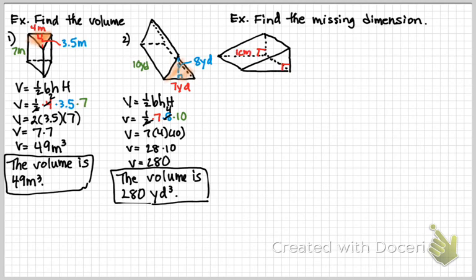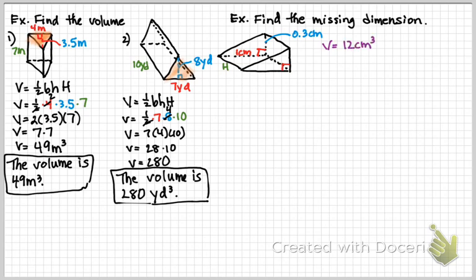My height of my triangle is going to be 3/10 of a centimeter. And then the height of my prism, we're just going to use H. And then we're going to tell you that the volume is 12 cubic centimeters.